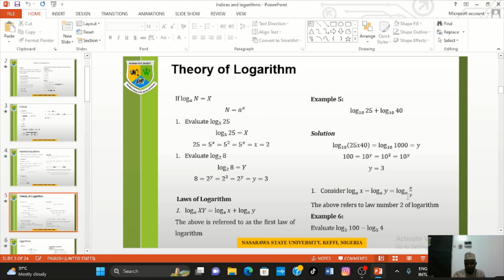It means as they are subtracting, you divide. So let's take for instance, evaluate log 100 to base 5 minus log 4 to base 5.